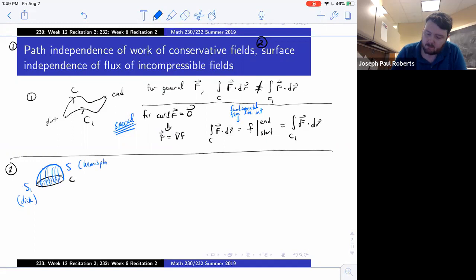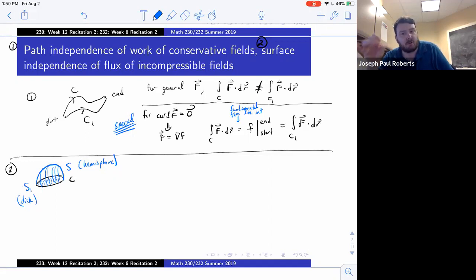I don't know if Dom talked about soap and blowing bubbles and fun stuff like that. But the way I like to think about Stokes' theorem is you have this curve and you have a surface that has that curve as its boundary. So I like to think about the curve as being a wire, like sort of your bubble wand. And then you dip your wand in the soap, you're about to blow some bubbles, and your surface is any way that the soap could be stuck on that wand.